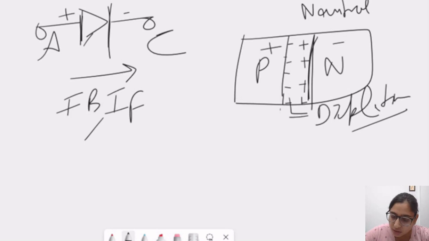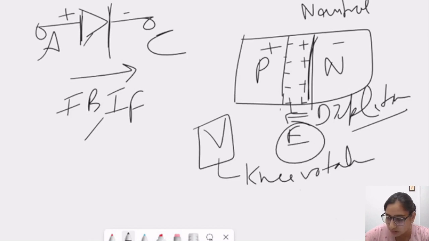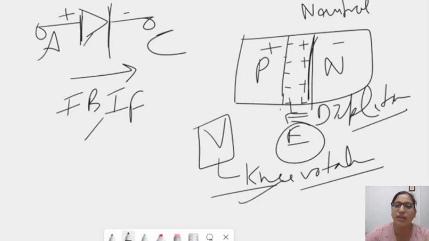From positive to negative, an electric field will be generated, and this electric field will create a potential barrier, or a voltage difference. This barrier is considered the knee voltage, or barrier voltage. This knee voltage is the operating voltage for particular diodes. After this knee voltage, conduction will start, but before it, the diode acts as a blocking bias.